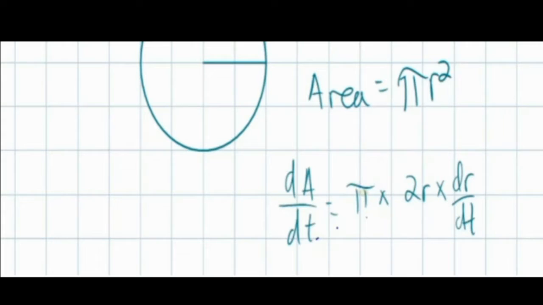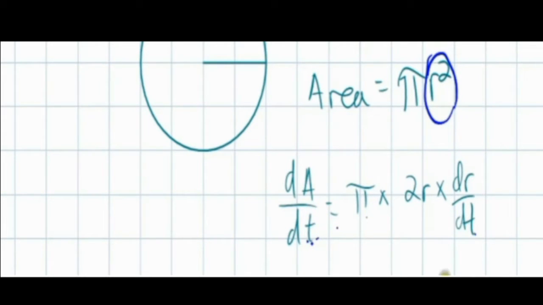So where did that come from? Okay, so the derivative of r squared is just 2r. However, I'm taking this with respect to time. So I have to respect my time. So I have to put times dr dt because of the chain rule, essentially, is why we do that. If I were taking this with respect to r, I wouldn't need to add this, but because it's with respect to t, I do.